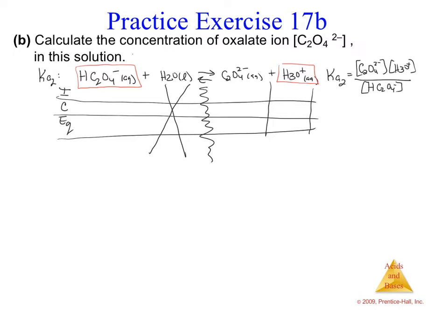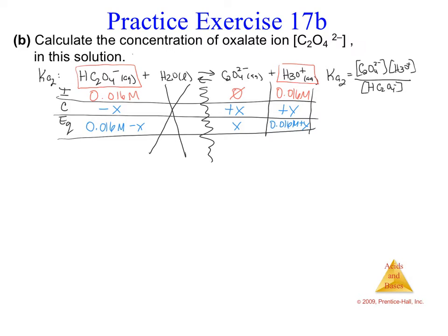So I write those down for my initial: 0.016 molar for HC2O4 minus and 0.016 molar for hydronium. Nothing is mentioned about C2O4 2 minus, so that's going to be 0. My change is minus X for the reactants, plus X for the products. And then I add up the columns, so 0.016 molar minus X, X, and 0.016 molar plus X.